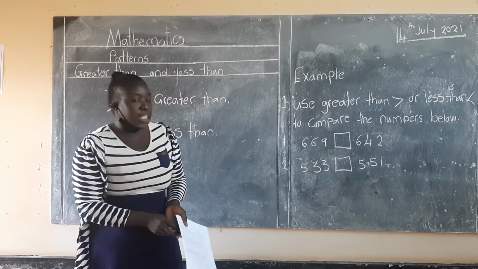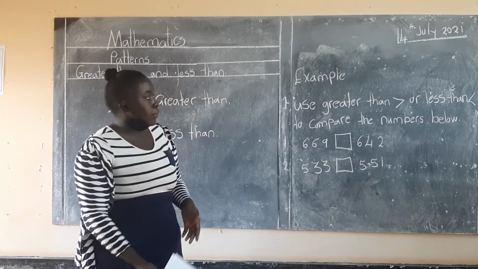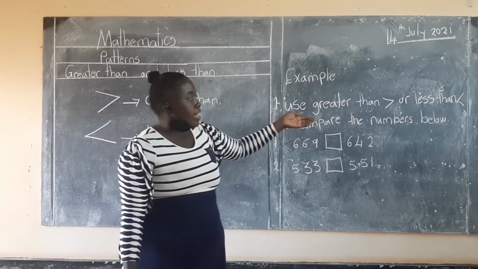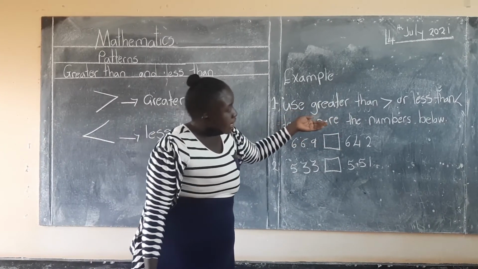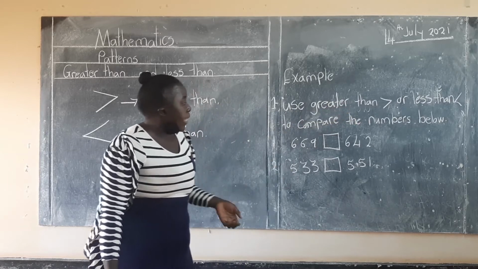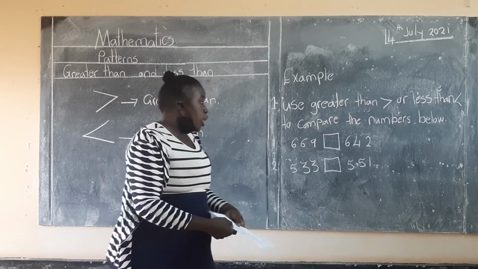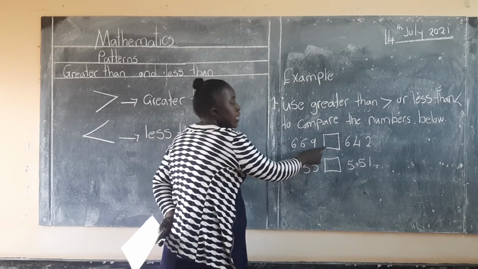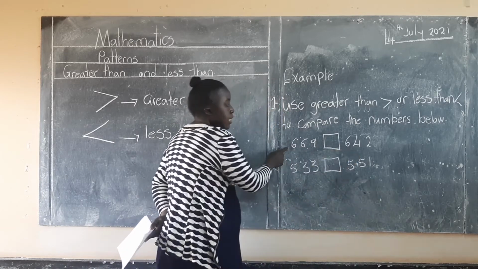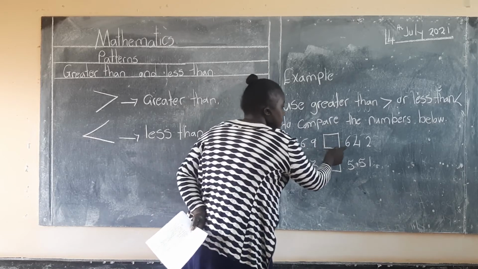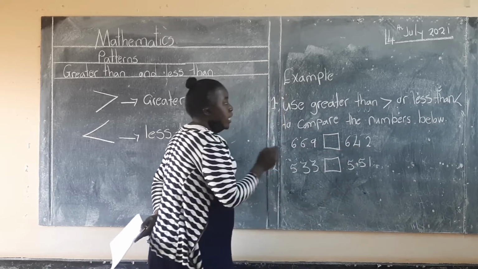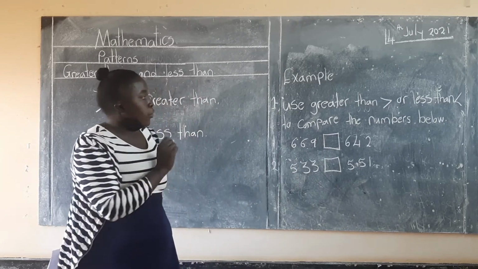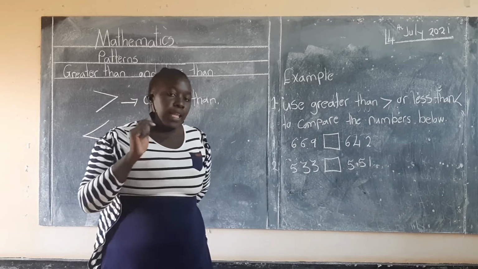Let us go through the example together. The example reads, use greater than or less than to compare the numbers below. The first one that we have is 669 box 642. Which symbol do you think is supposed to be in that box, the symbol for greater than or the symbol for less than?